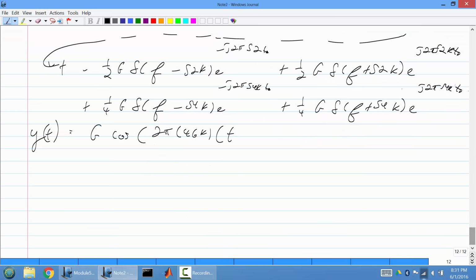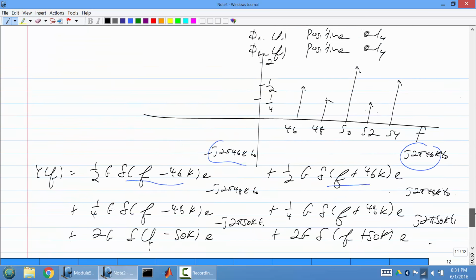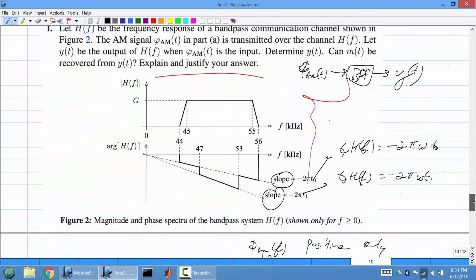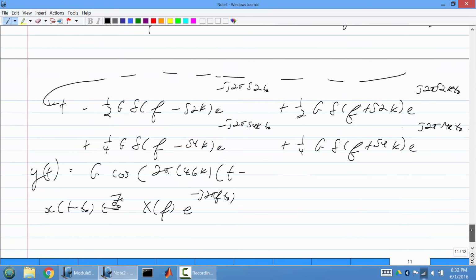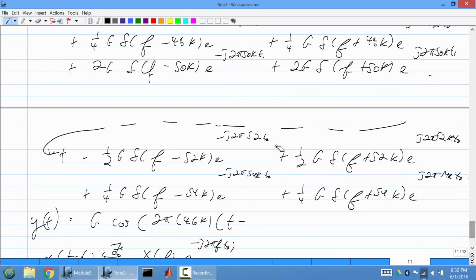So if you remember what the Fourier transform property was, x of t minus t naught, if you take the Fourier transform, it's X of f e to the minus j 2 pi f t naught. Okay, so both of those together will give you one phase shift of t naught and t1. Okay, so let me see here.